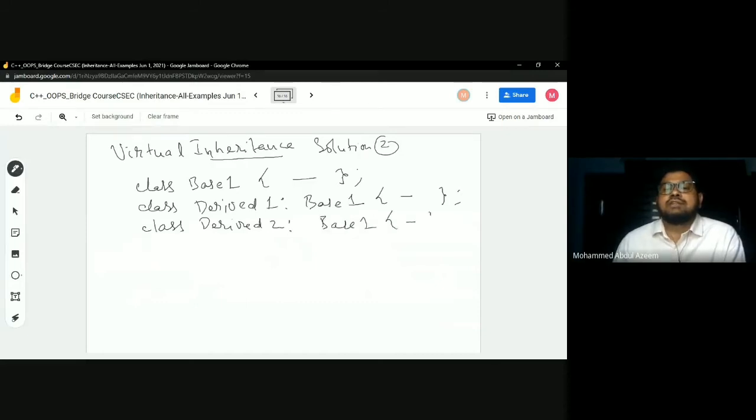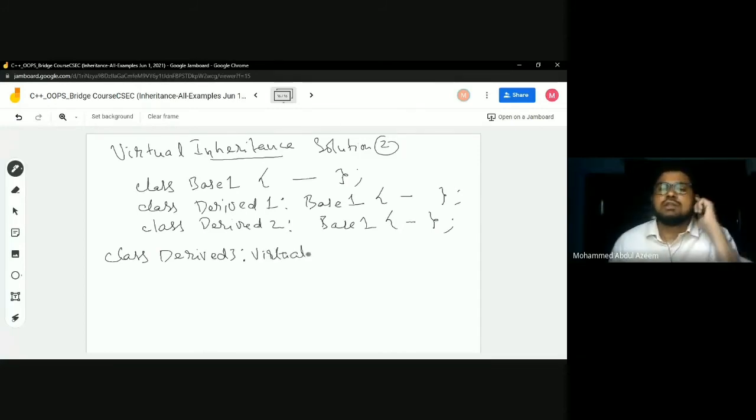So after writing this, now when you are inheriting derived one and two at derived three, what do you do? You use the virtual keyword here, right? Virtual, then space, visibility mode will anyway be there.